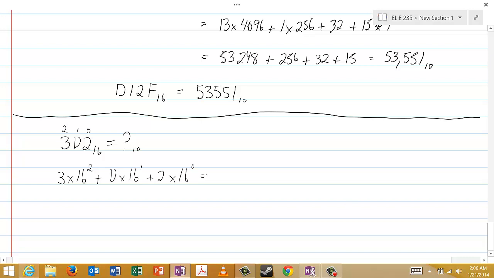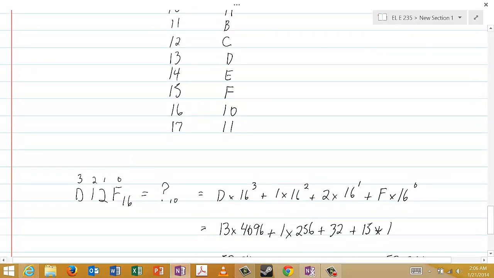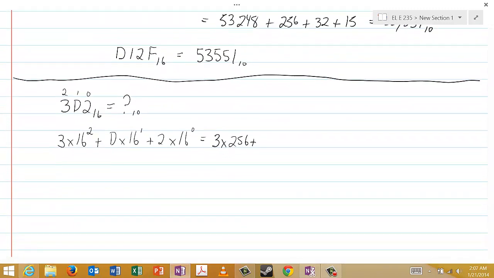As we said before, 16 squared is 256, and so we have 3 times 256 plus D, which is equal to 13, so that's 13 times 16 plus 2 times 1.